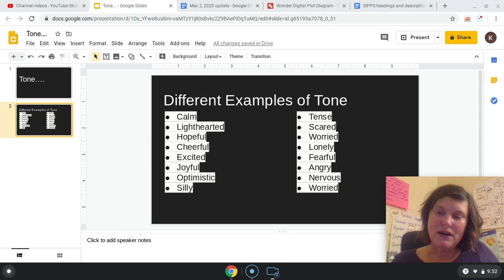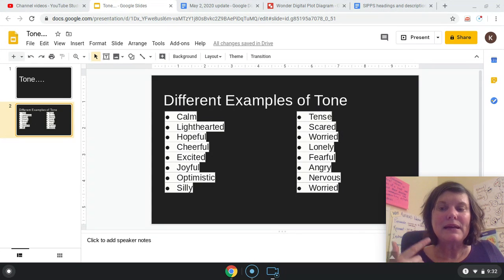So right then and there, that's a clue to me that the author's tone of voice, they must be feeling in a similar way as Augie. So uncertain, scared, worried, because it was all from Augie's point of view.